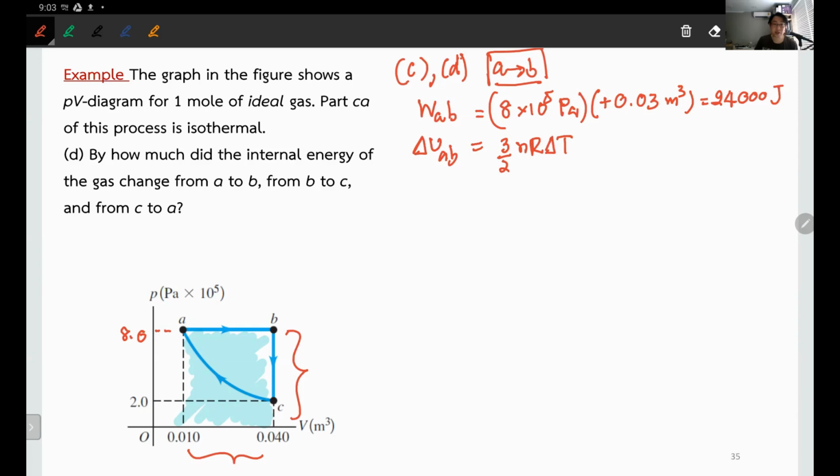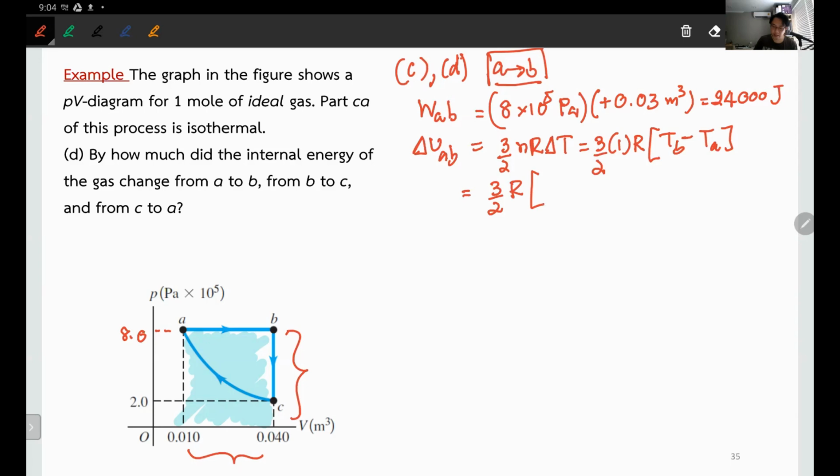So 3/2, N is 1, R, just leave it as R, and it's going to be the temperature at B minus the temperature at A, right? The order is important, I've been emphasizing this for a long, long time. You go from A to B, the change is B minus A. Take the final point, subtract out the initial point. You already know the temperature at all points.